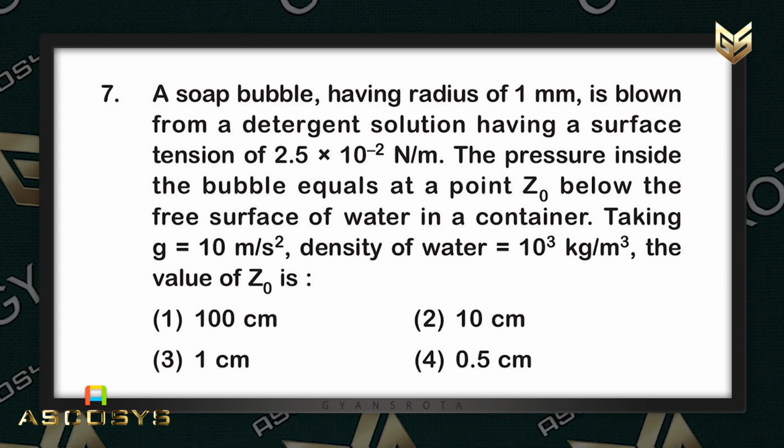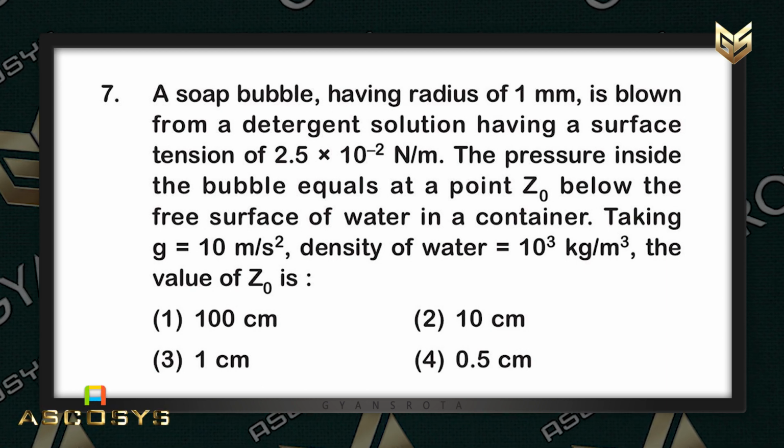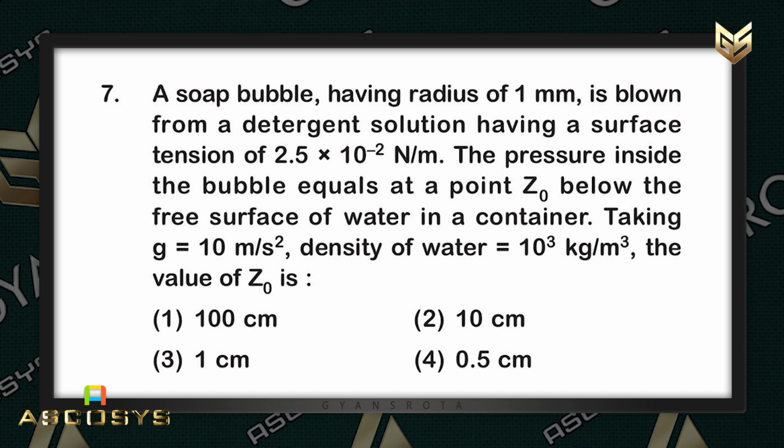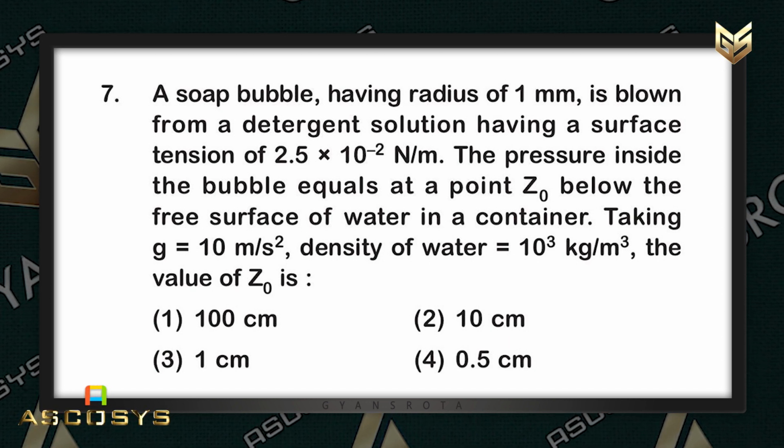The pressure inside the bubble equals to a point Z0 below the free surface of water in the container, taking g equals 10 meter per second square, and density of water is given to you. Z0 is that height which you have to calculate.